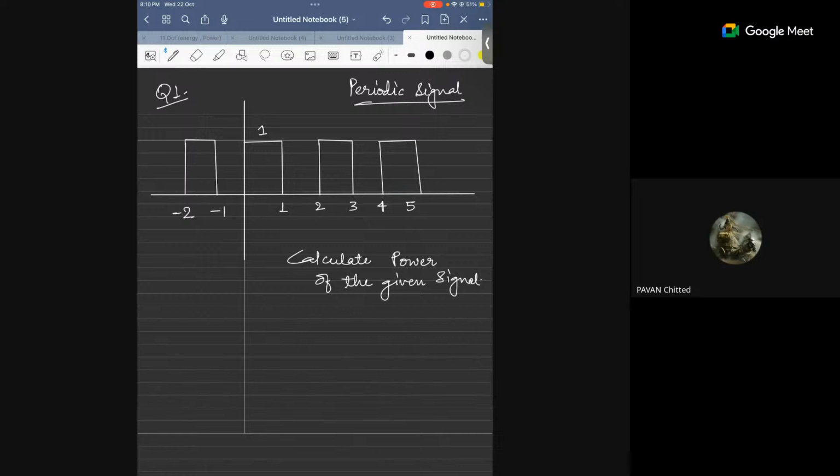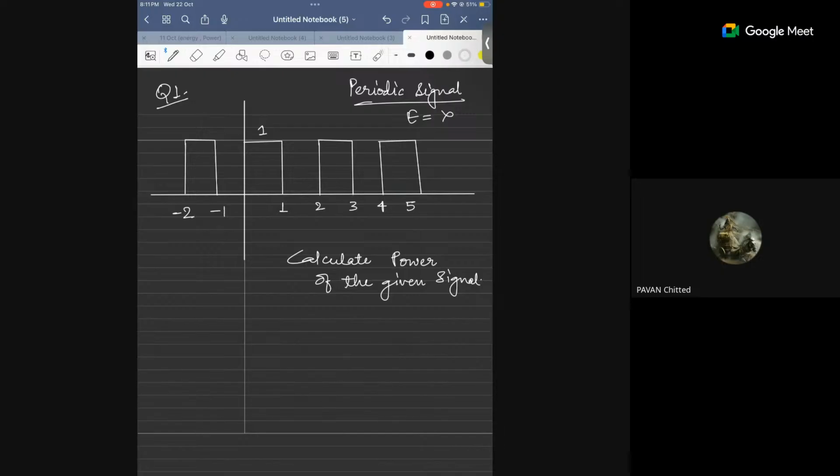I just discussed this, right? Are you able to hear me, or am I just talking to myself? Periodic signal energy is infinite. Correct. So the energy is infinite. What will be the power? How will you calculate the power for the signal?